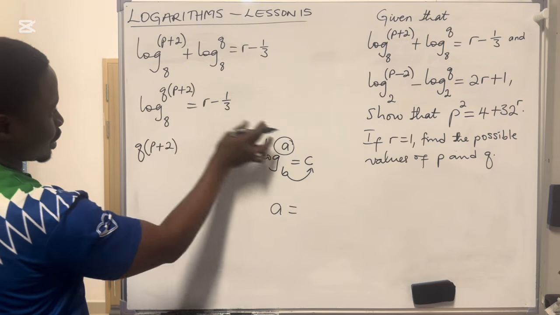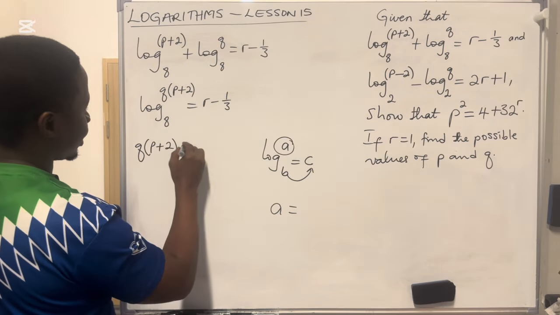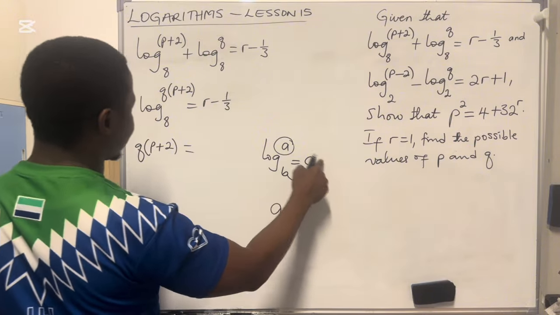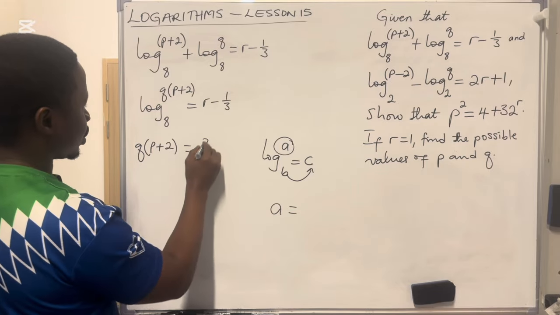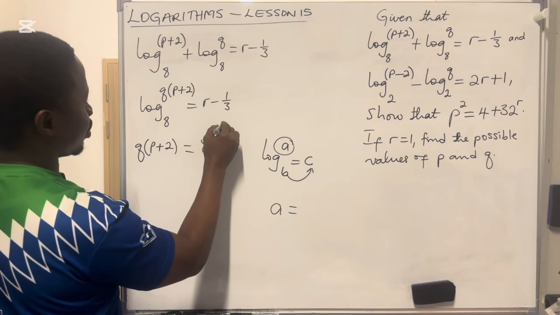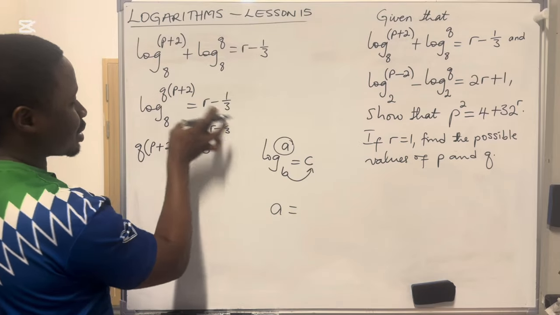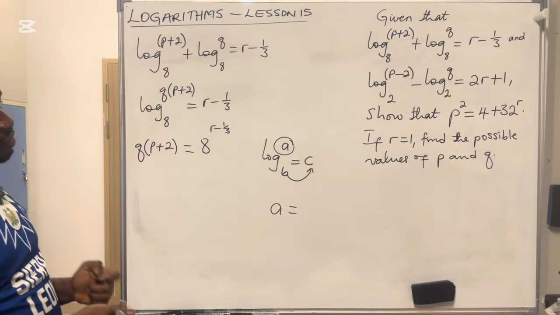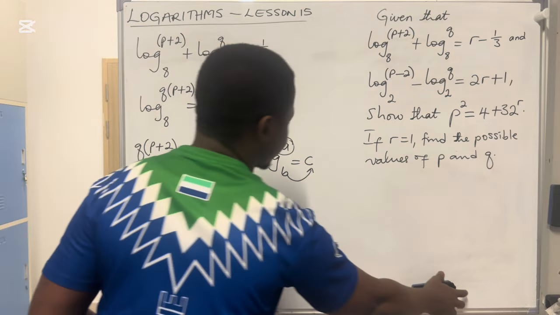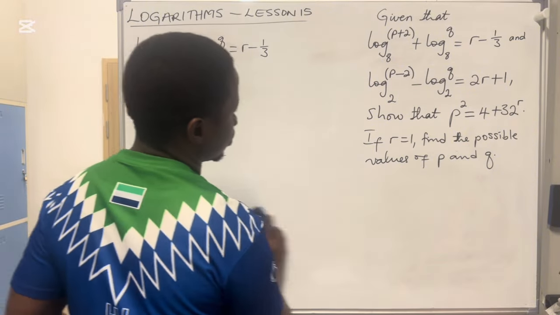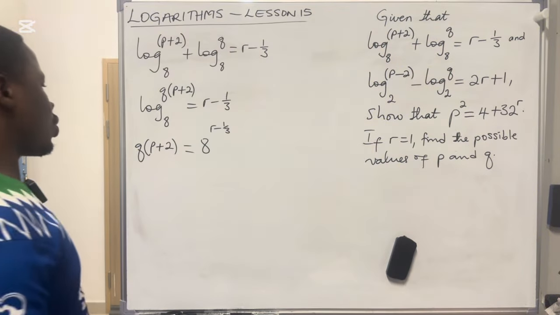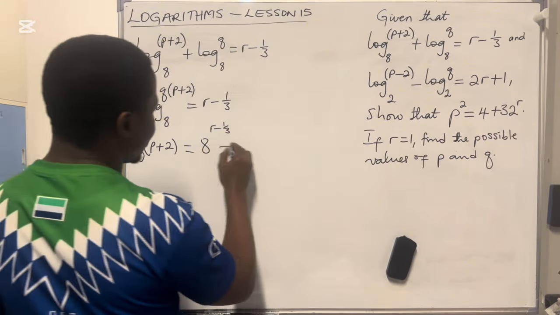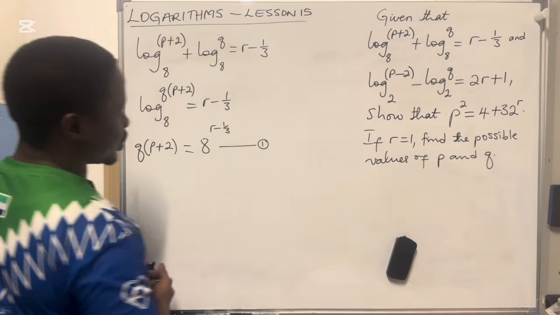That is the log number, just like how the log number is here, equal to b to the power c. So 8 to the power r minus 1/3. The power is an expression, do not forget. So let us label this as the first equation.